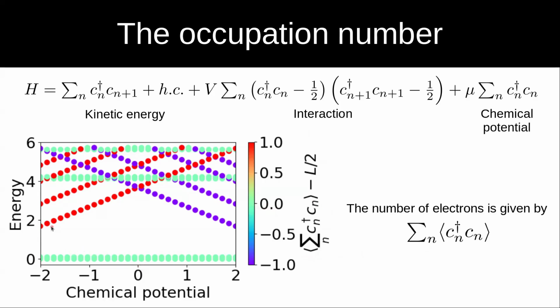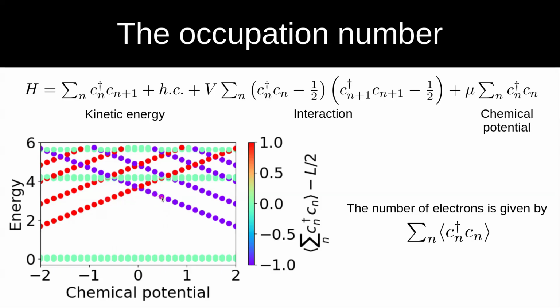And we can look at the extra number of electrons with respect to the ground state that our excited states have. So if our ground state is over here and has an excess of 0 electrons, then as we use positive or negative chemical potential, there are excited states that become closer to the ground state, but they have a completely different number of electrons.